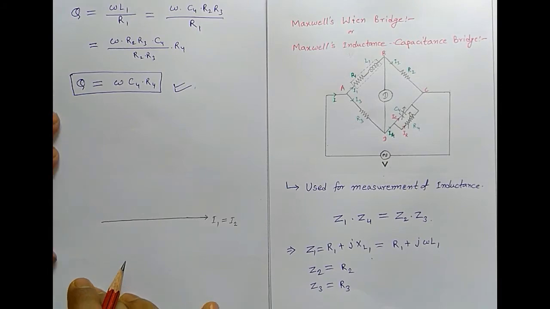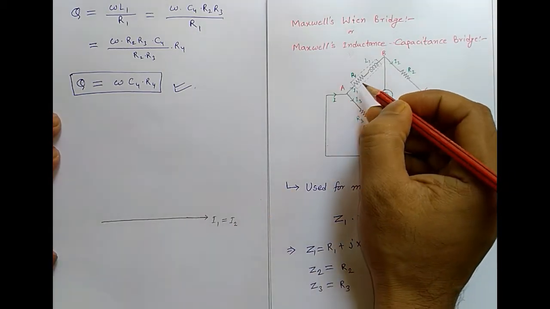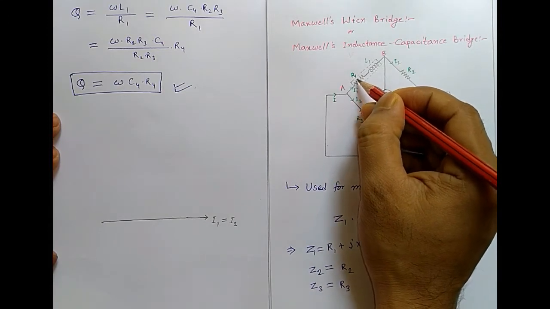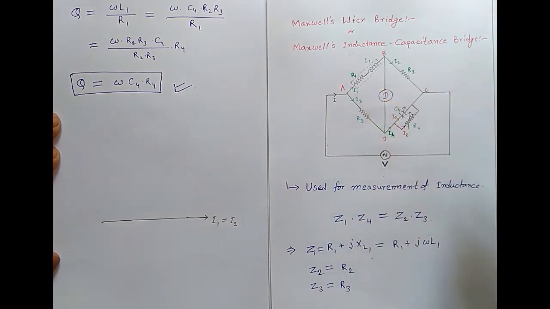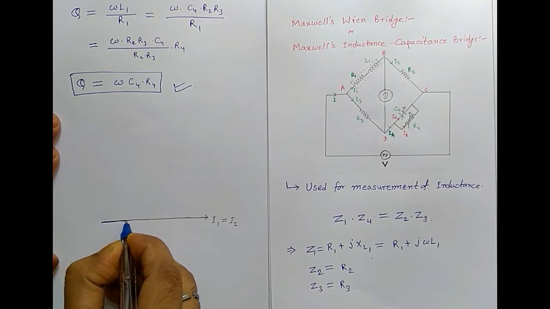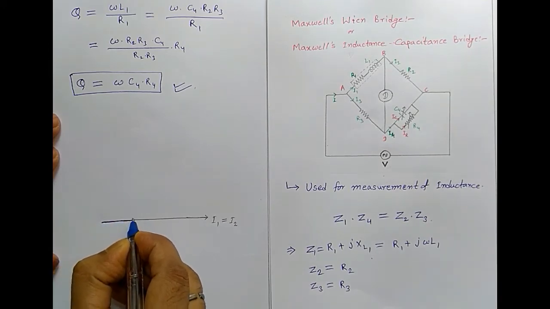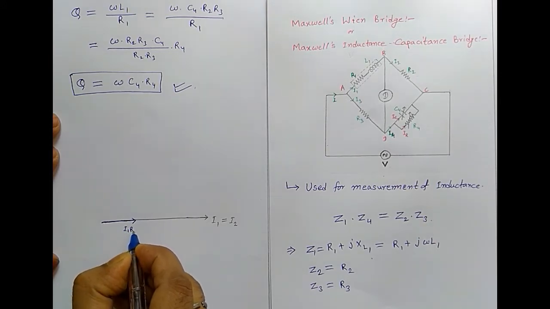Now if I1 is in this direction, then the voltage drop across this resistor, that means I1 into R1, will be on the same axis. So let us assume that this is I1 into R1.